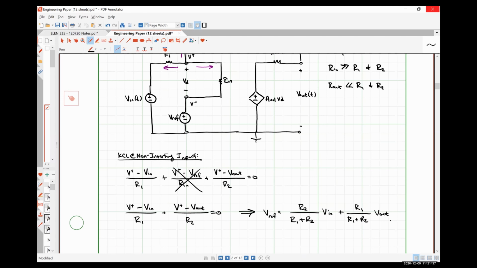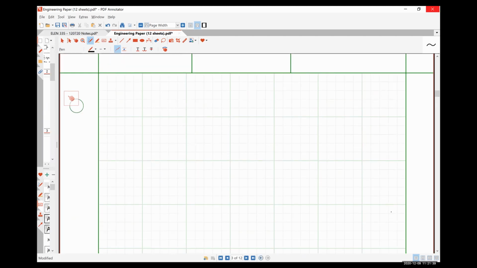So I'm going to define the upper trigger limit real quick, and I guess I have to do it on this next page. Upper trigger limit.